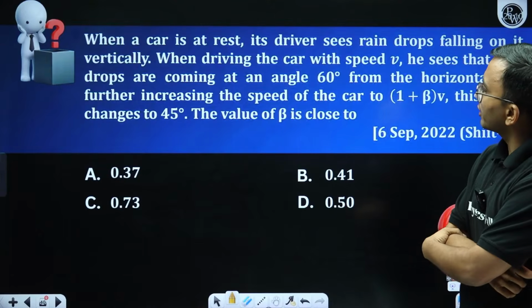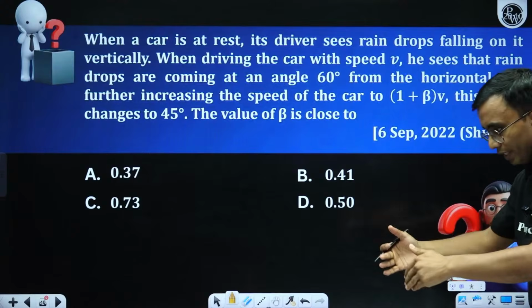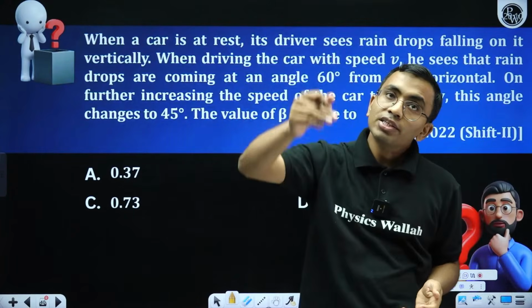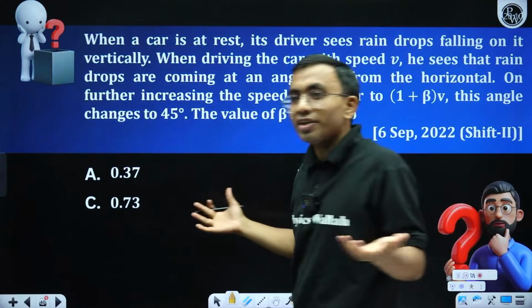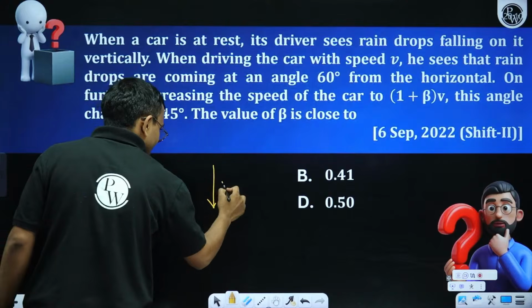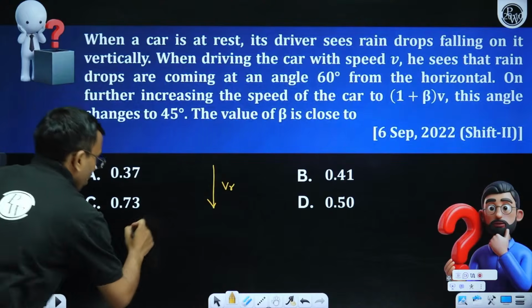When a car is at rest, its driver sees raindrops falling on it vertically. It means rain is falling vertically only, so the velocity of rain is in this direction. When driving the car with speed v, he sees raindrops coming at an angle of 60 degrees from the horizontal.